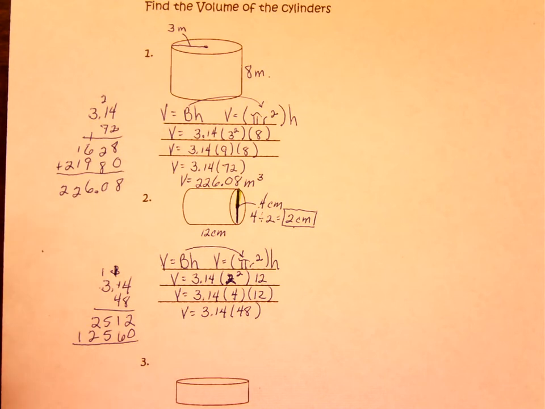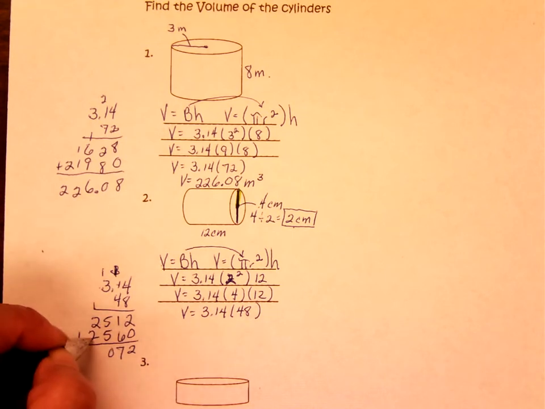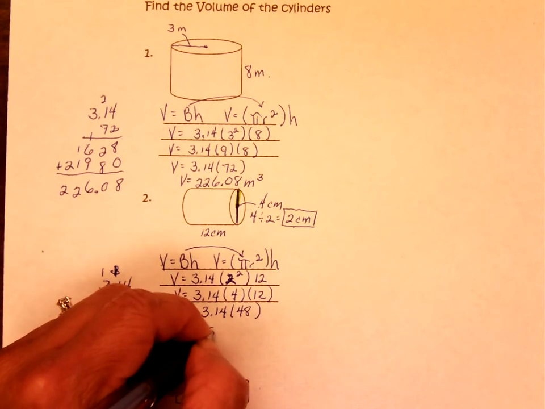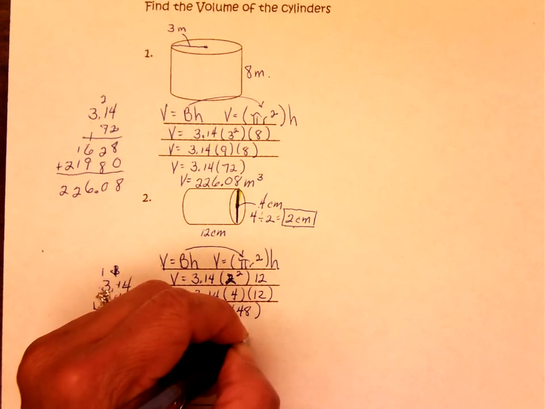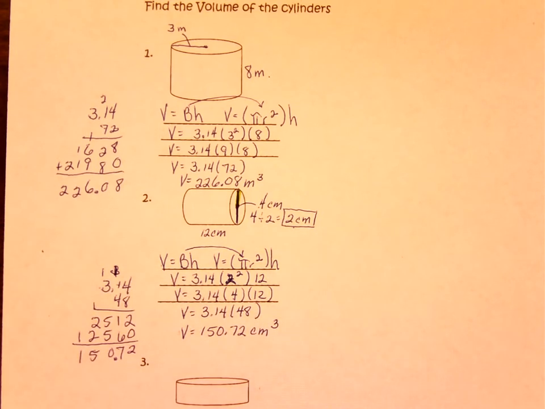Add them up, and I get the answer of V is equal to 150.72 centimeters cubed. Make sure you don't forget the 3.